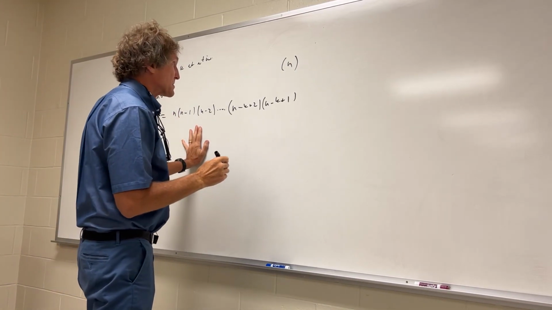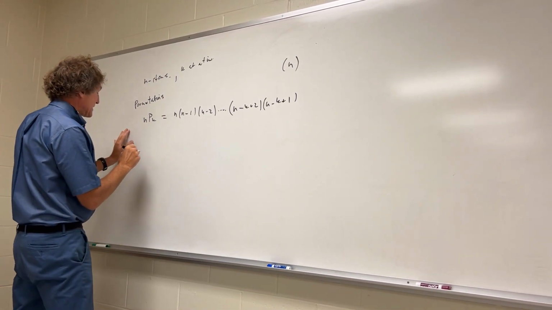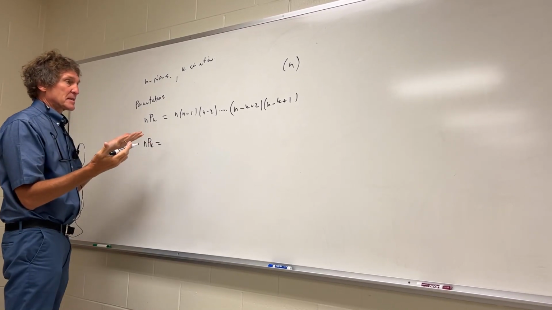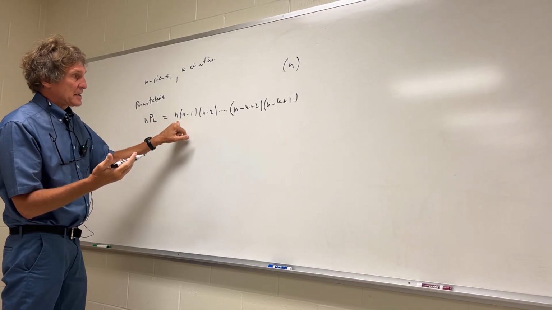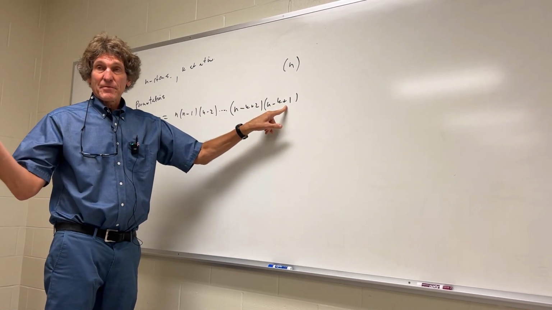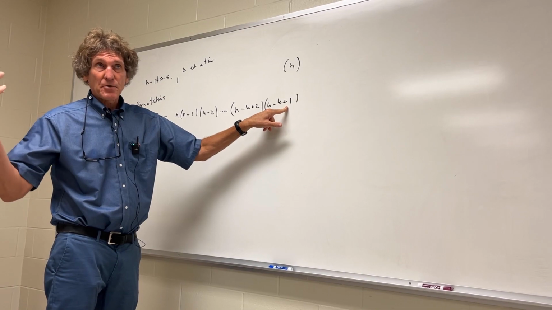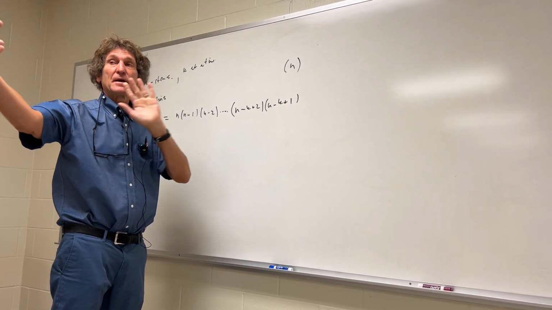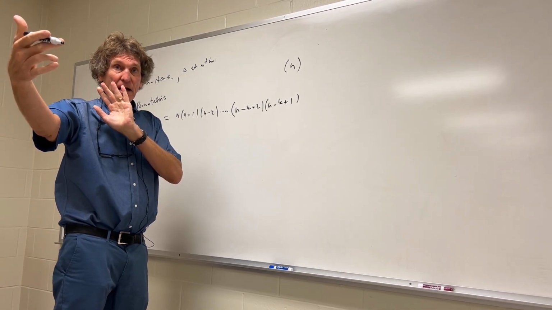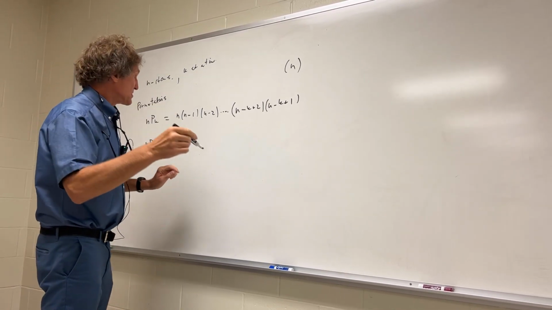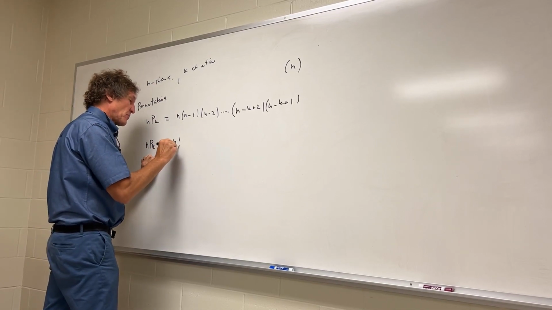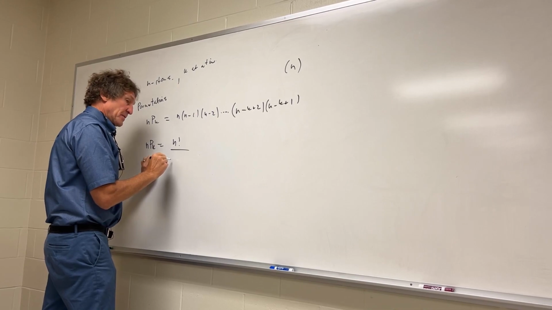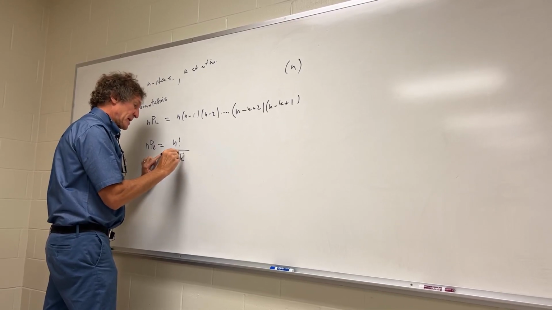What it really boils down to, this N P K, the number of permutations, is n, n minus 1, n minus 2, n minus 3, until we get all k items in there. And we can say that's really n factorial divided by n minus k factorial.